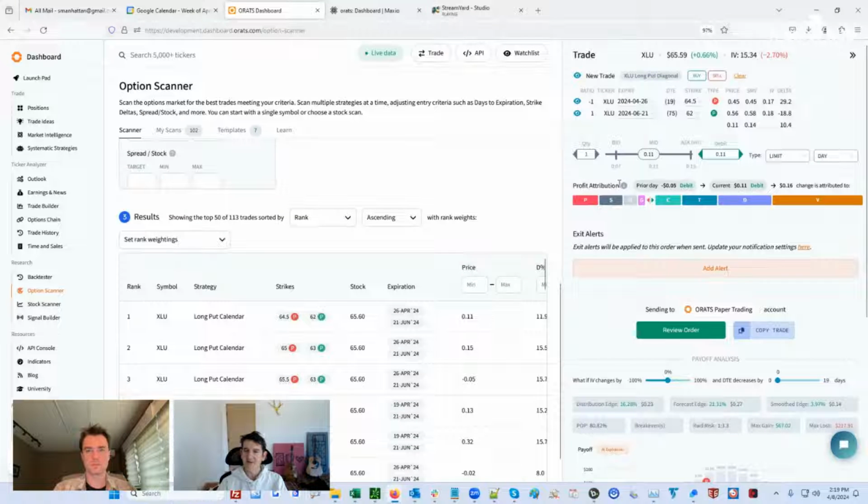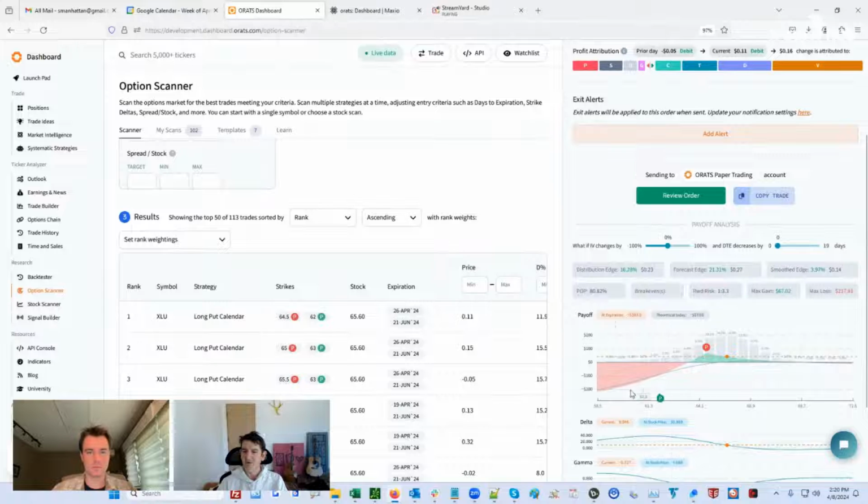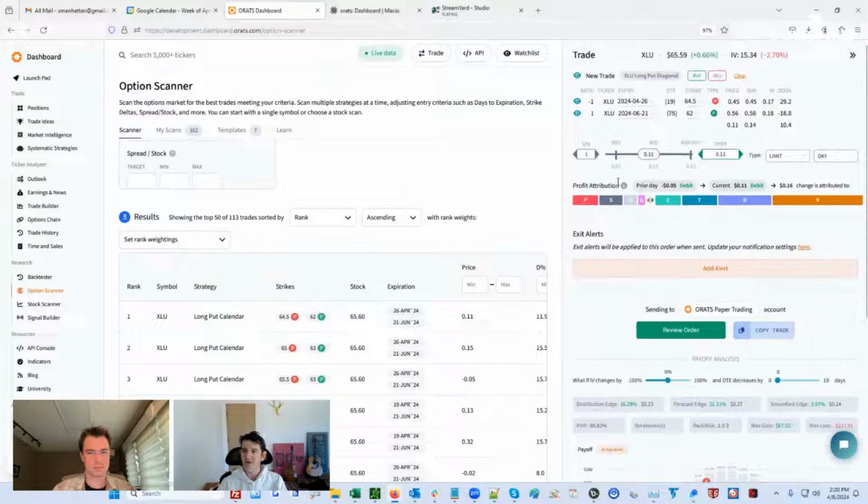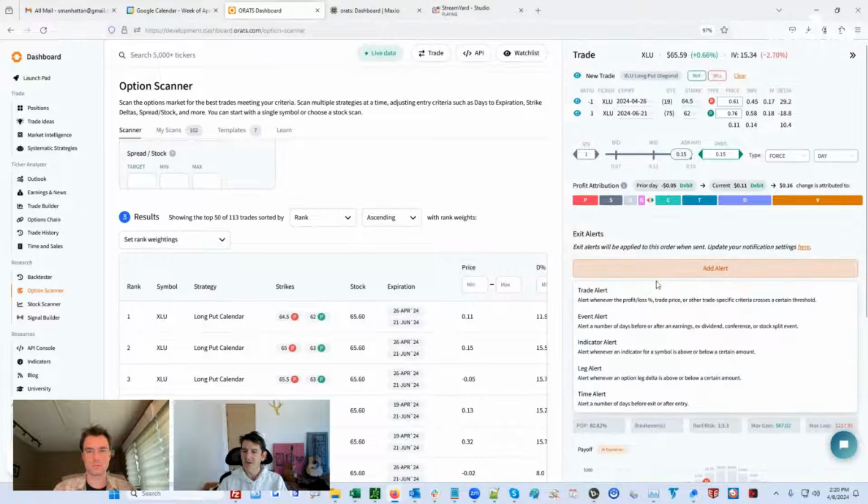You're only paying 11 cents, 64.5. Similar payout picture and similar everything else. It's 14 cents of edge, so we're probably going to have to pay more than that. We'll pay the offer on this one, so we'll force that, and we'll add some alerts here.